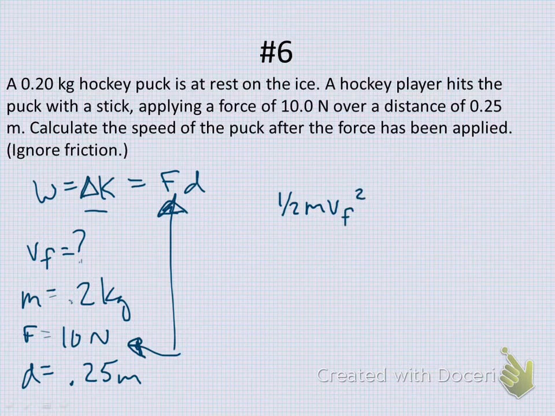Okay, and in this case, the Kf is going to equal this. The Ki is going to equal 0 because it was initially at rest. So Kf minus 0 is just going to be Kf. So I'm just going to leave this as it looks right now and set that equal to force times displacement.